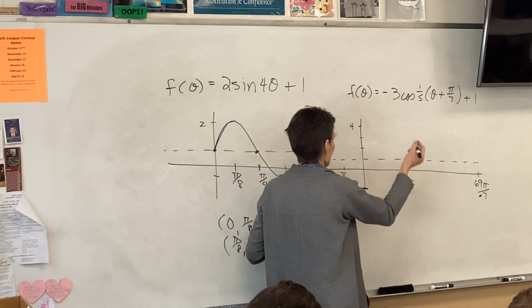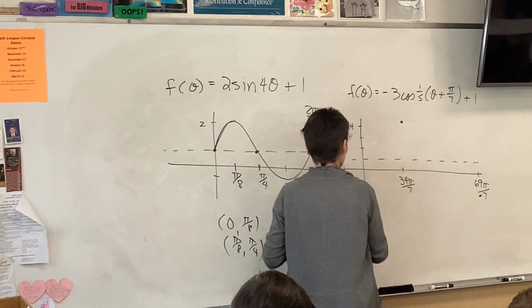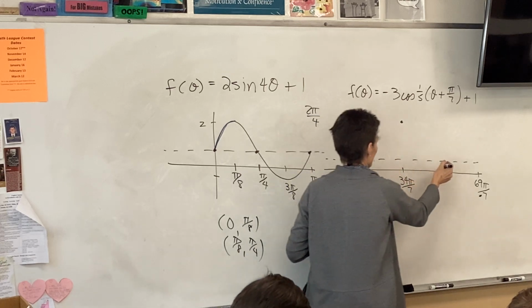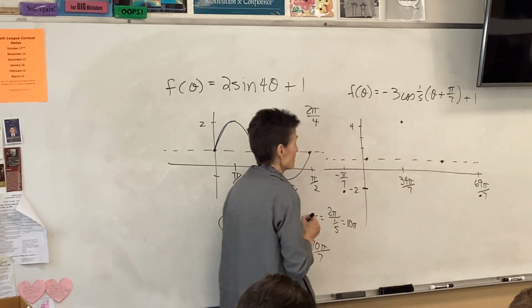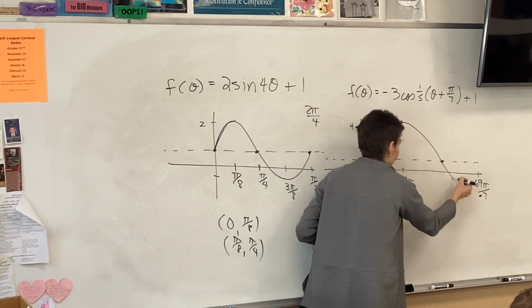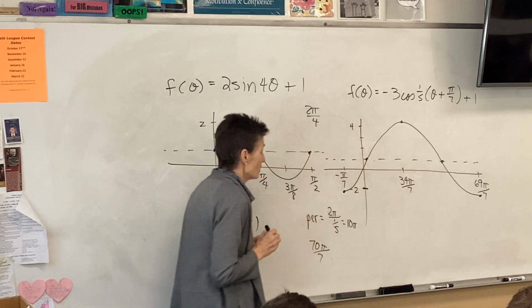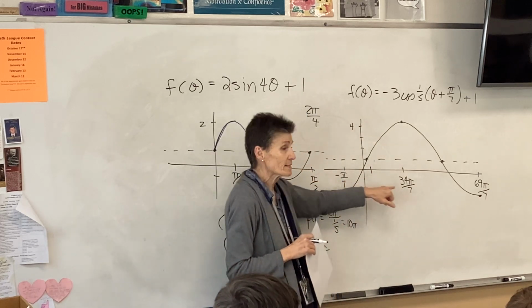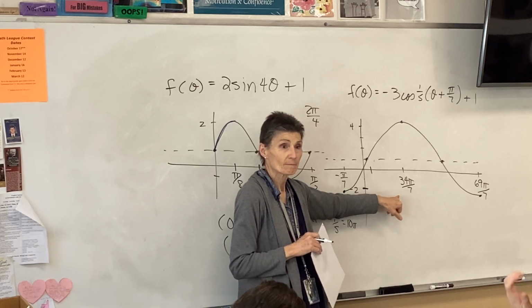And then, okay, so that's my maximum. Then I need to know where I cross my midline, which is going to be halfway between -1/7 and 34/7.